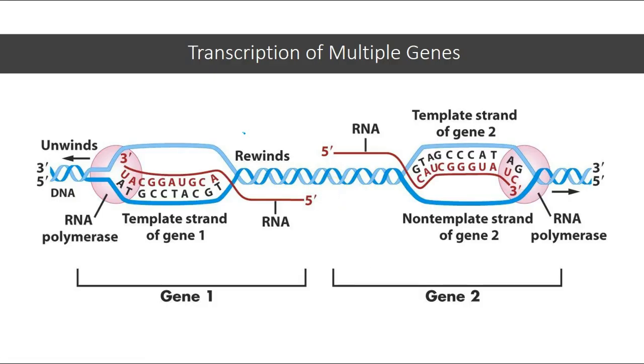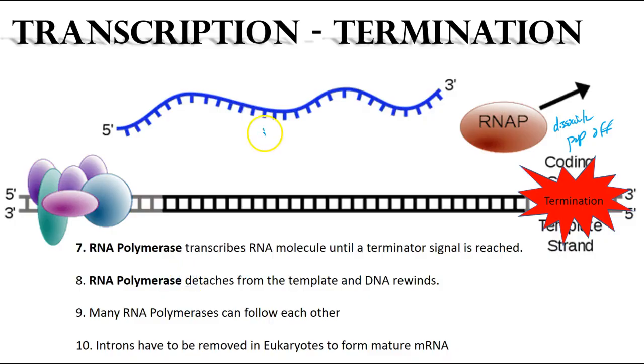And so, if I can back up, this mRNA molecule, again, is not modified yet. It's a pre-mRNA molecule. We're going to talk about the mRNA and how we're going to modify it in probably the next video, because this video is getting a little long.